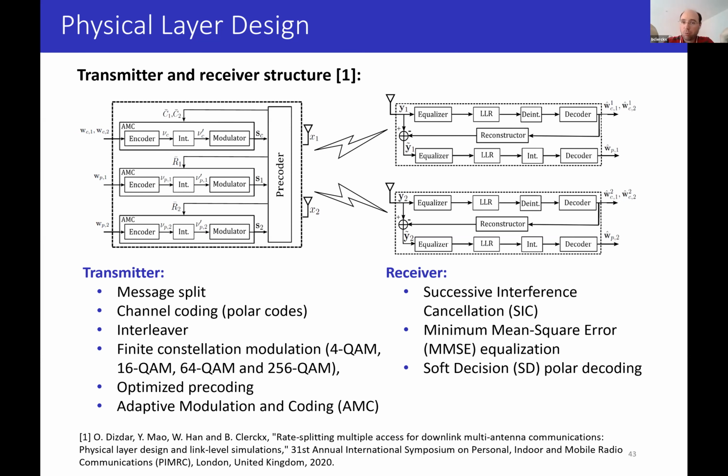It may be imperfectly decoded sometimes, but that's okay. And then you have the private streams. So you may have error propagation, but by adjusting the modulation and coding rate of the common and the private streams based on your feedback, you can find the most suitable way to maximize your throughput.